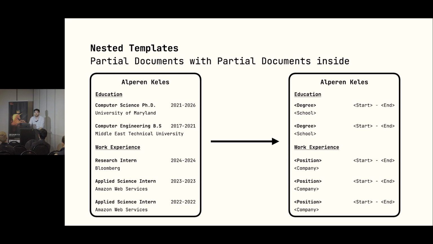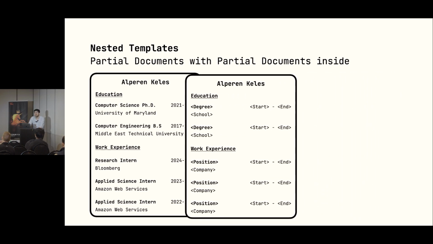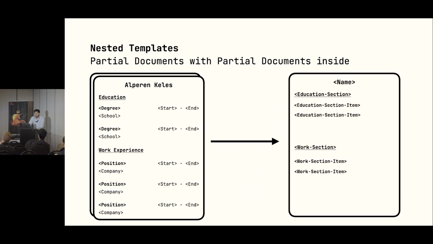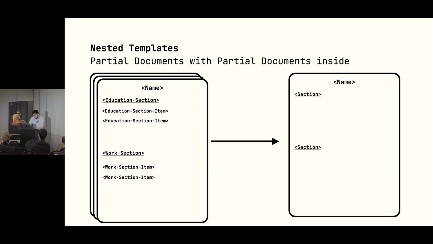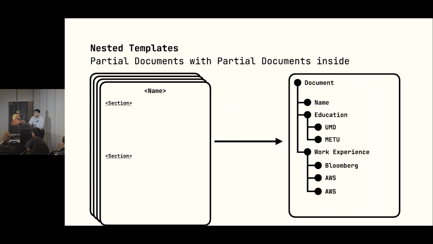That represents the nested structure of the document. At first we abstracted away the school names, the years, the company names, and all that. And in second, we can abstract each element, each item in a section. Then we can abstract the section itself. And at the end, we actually get this tree-like structure.